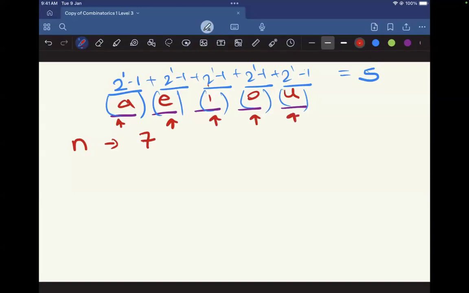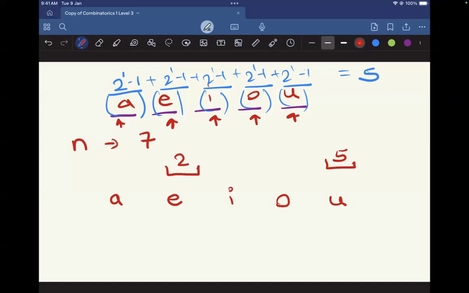So do you see, I can have 1 A, 1 E, 1 I, 1 O, and 1 U. I have used 5 characters up till now. Now, I need to use 2 more characters.